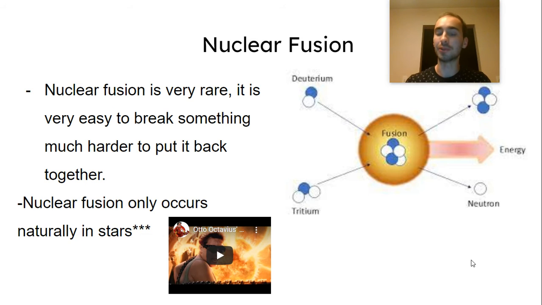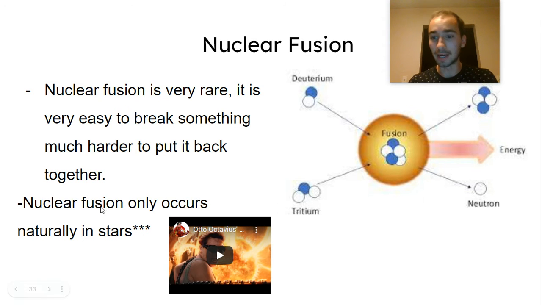It's just like that, but with fusion. So fusion, basically, it's very common to have one hydrogen isotope and then another hydrogen atom, and then fuse them together. They slam into each other, and then they combine. That's fusion. But you need to know, it only occurs naturally in stars.